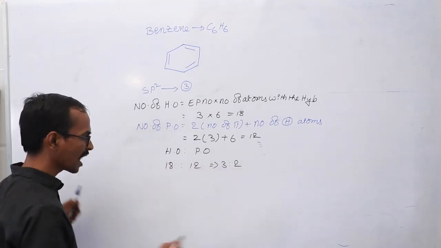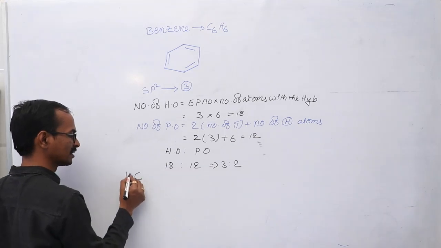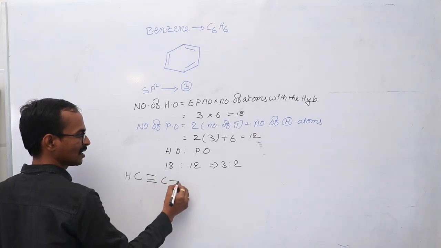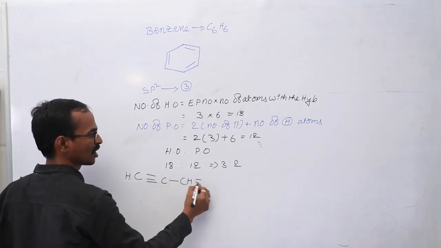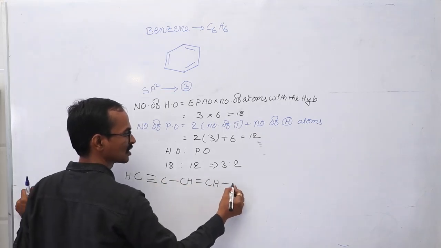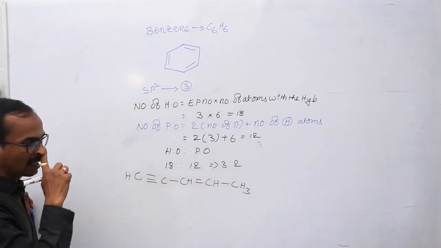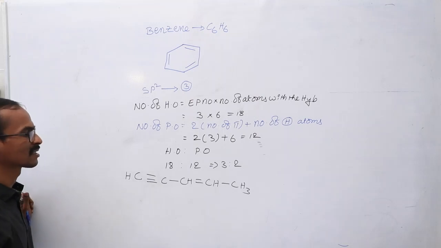In the same way, I will give you another molecule like this: CH triple bond C, CH double bond CH, CH3. This is the molecule given. In this molecule, he will ask what kinds of hybridizations are present and to find the number of hybrid orbitals and pure orbitals.